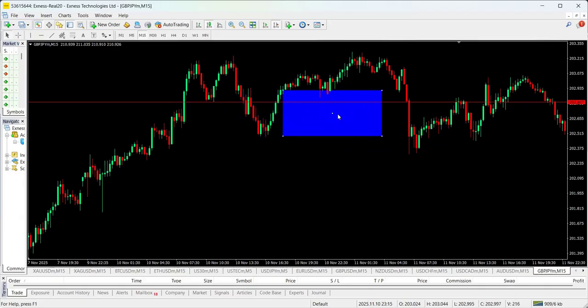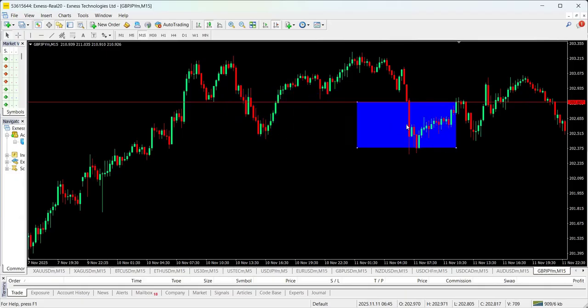All right. So if you want to be aggressive with a high risk, high reward, one thing you can do is, you know that once our criteria has been met, for example, in this situation, the sellers have overpowered buyers. You know that at this level, at the top here, buyers are very weak.